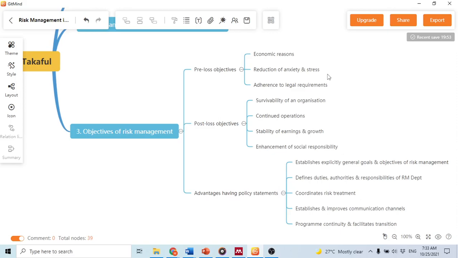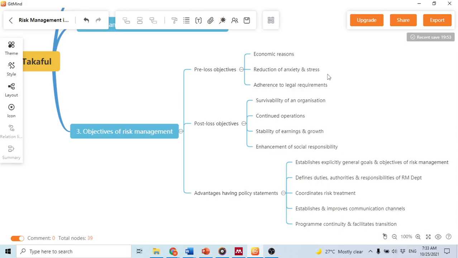So that's why it is important to ensure, for example, related to employees, working hours and the employer-employee relationship. That is also one of the potential risks which can occur in the operation and business activities.